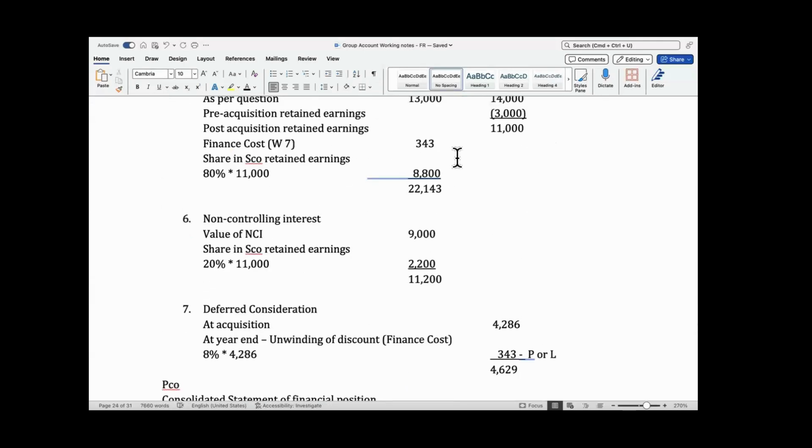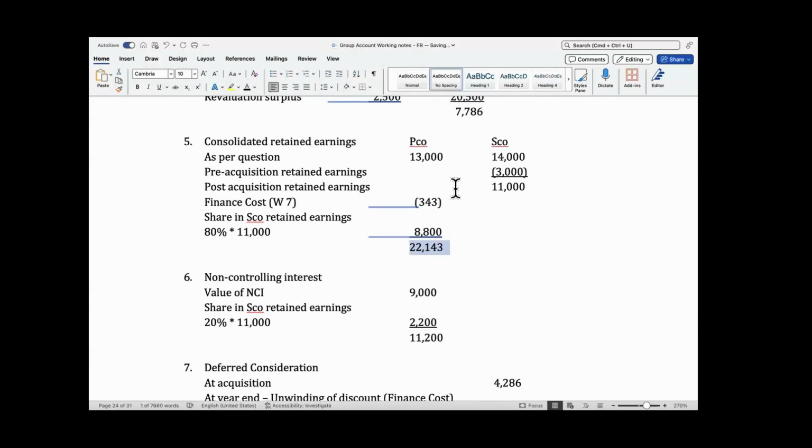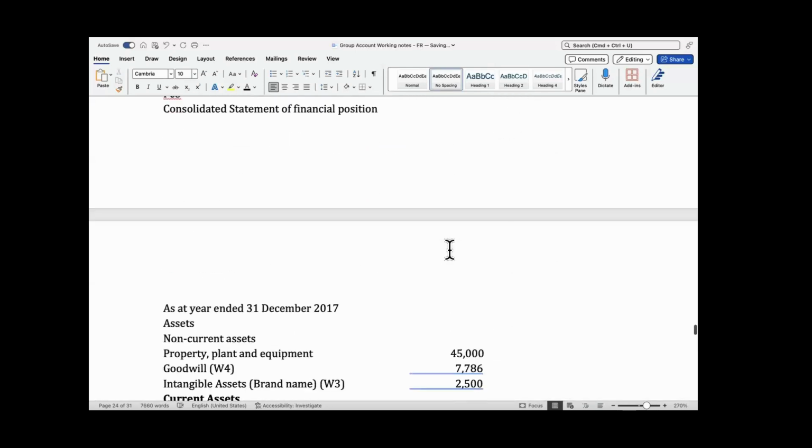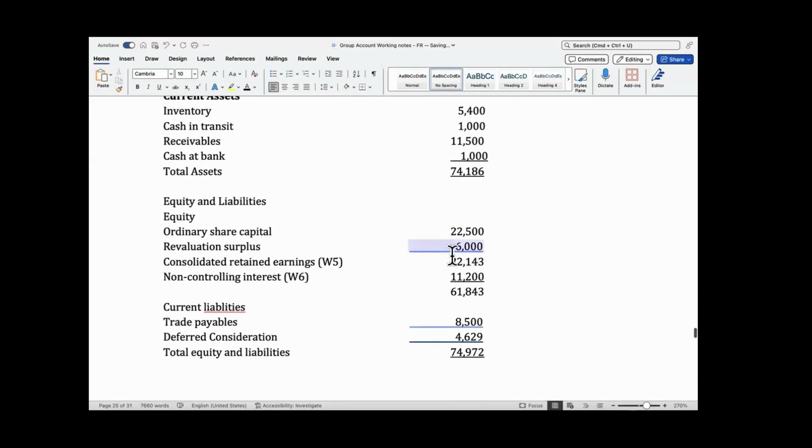It's supposed to be subtracted, as an expense. Okay, let's subtract it. 21,457.